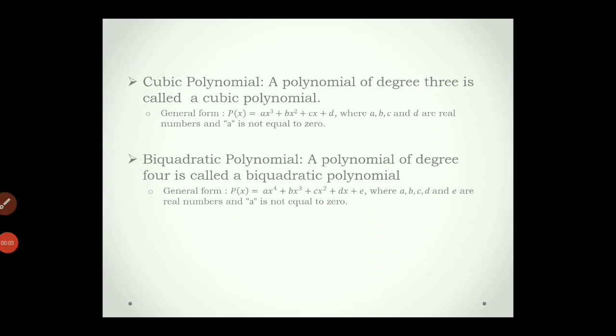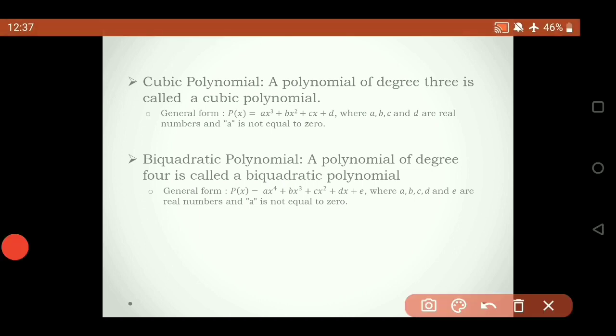Next is a cubic polynomial. A polynomial of degree 3 is called a cubic polynomial. That is, in any polynomial, if the highest degree of any variable is 3, then it is called a cubic polynomial. The general form of a cubic polynomial is p of x equals ax cube plus bx square plus cx plus d, where a, b, c and d are real numbers and a is not equal to 0.